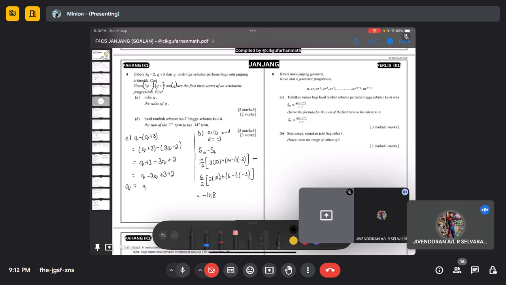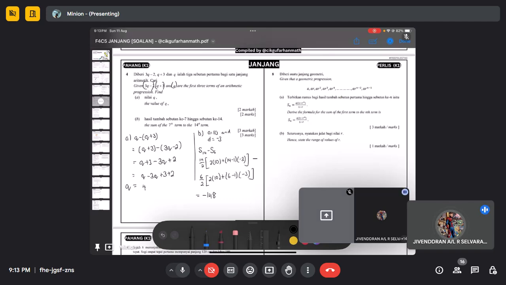You can just take the third term minus the second term, and then equate it with the second term minus the first term, because the common difference will be the same. Then you can solve, move things around, and you get q equals 4.